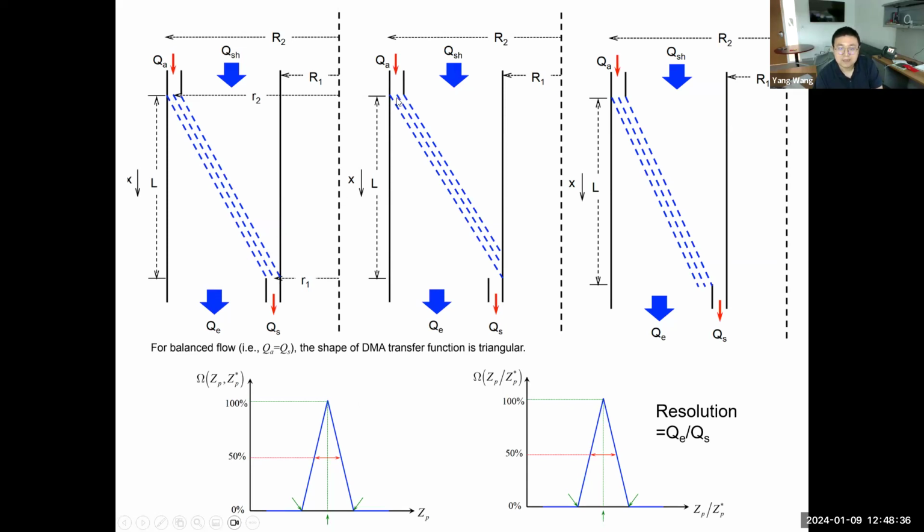If you consider 99 nanometer particles, as we mentioned, smaller particles move faster towards the center electrode, right? Because of that, their trajectory will go upward. But at the same time, some portion of the aerosols may still go through this outlet here and get classified and counted. The same thing for 101 nanometer particles, right? These larger particles don't go downstream, but some of them can exit through this outlet here and then get counted.